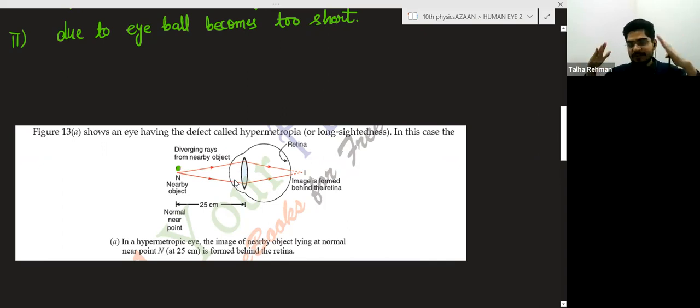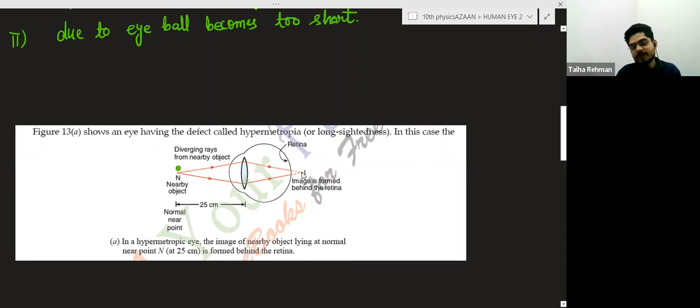And to converge the diverging rays, this eye lens will not have sufficient converging power, so these rays will not converge at the retina. Instead, these rays will converge beyond the retina, behind the retina. So here basically the image will form, and this image is not on the retina, so there is a problem.